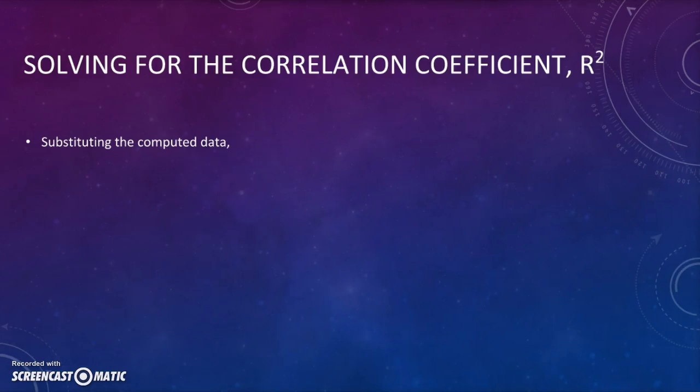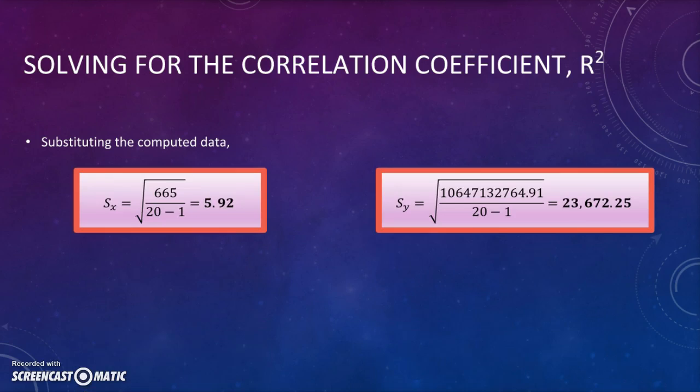Substituting the data from the Excel table in the previous slide, we can solve for the standard deviation of X and Y using the equations we had earlier. The standard deviation of X will be 5.92, and the standard deviation of Y will be 23,672.25.